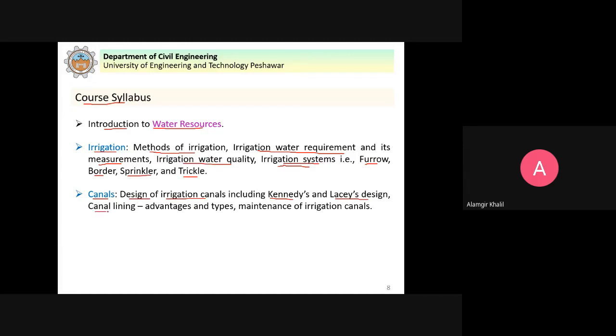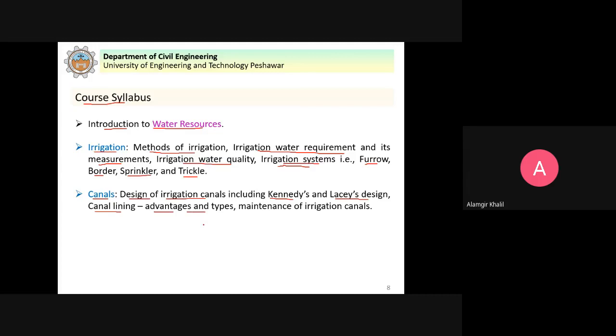Similarly, we will study about the canal lining, because we construct the canal to carry the water. So why we need to provide the canal lining, we will study its advantages and types.